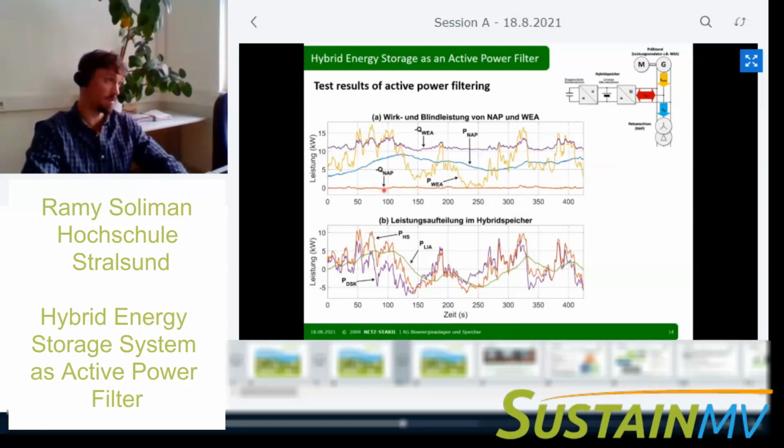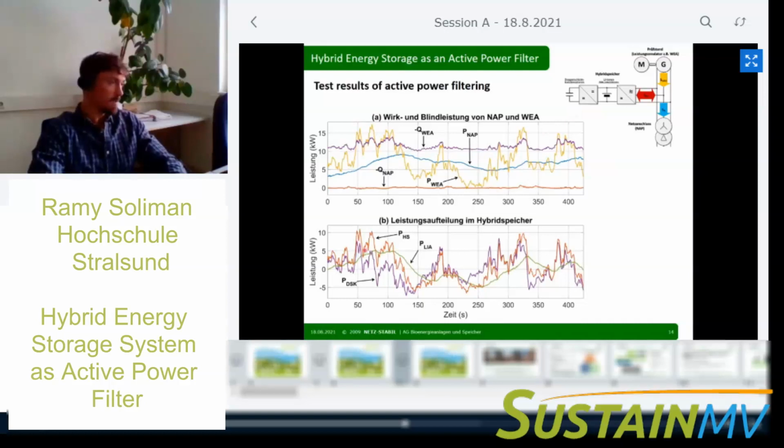So you can see that we are also providing the reactive power for magnetizing the generator. If we take a look at the graph down below, we can see the power distribution inside the hybrid storage system.